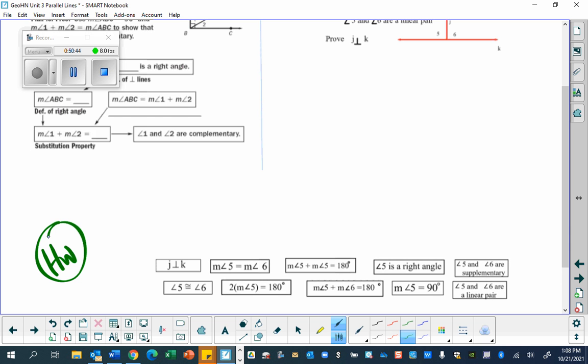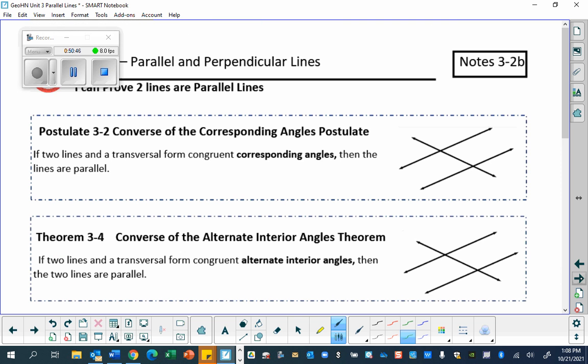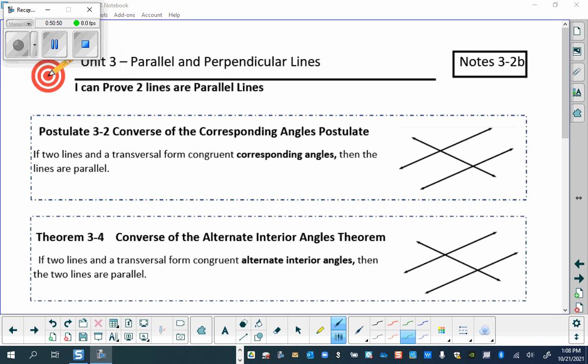So our next big idea comes to us by the converse of all of the angle relationships we had in last class's topic. Last class we learned if the angles are perpendicular, then we have all these cool relationships. This class, we're now looking at the converse.